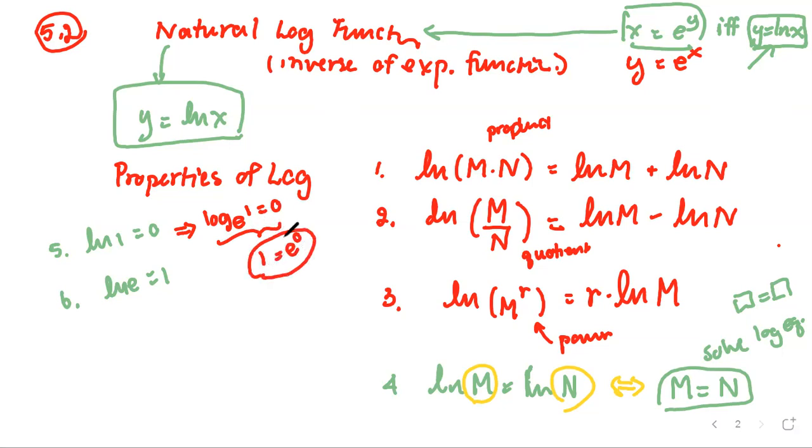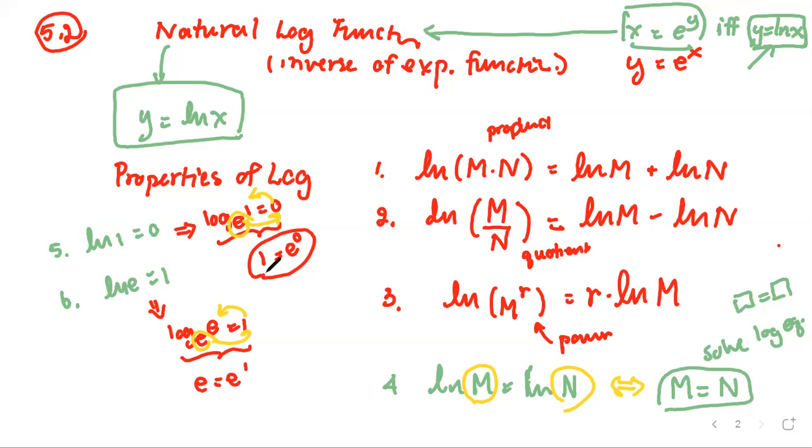And that's true. For the second case, log base e of e equals 1, so we can rewrite it as e to the power 1 equals e. As you see, e raised to the power 0 equals 1, and e raised to the power 1 equals e. All right, that's 5 and 6.